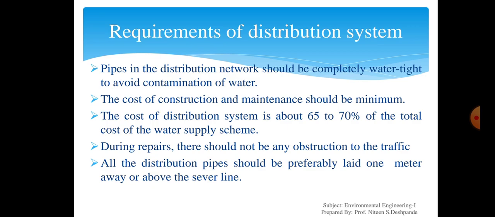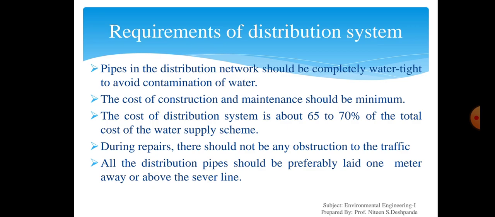The cost of construction and maintenance should be minimum. The cost of the distribution system is about 65 to 70% of the total cost of the water supply scheme. So please note that almost 70% of the cost of the whole water supply scheme is because of the distribution system. The other 30% is spent on the water treatment units.